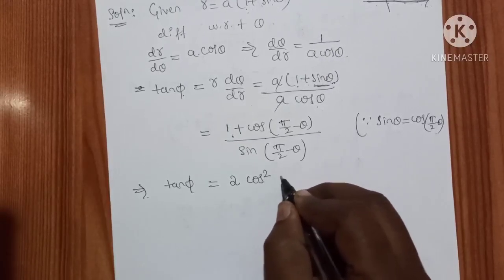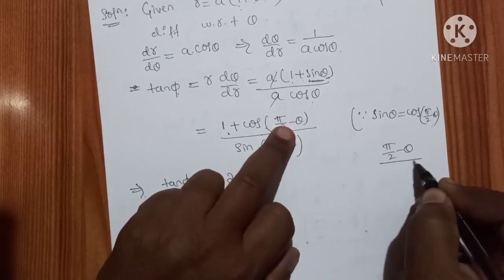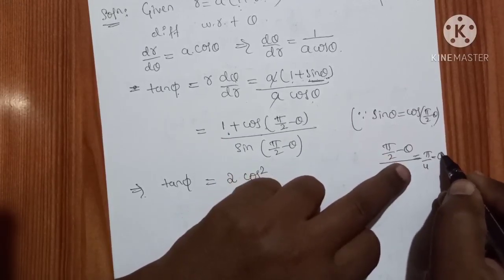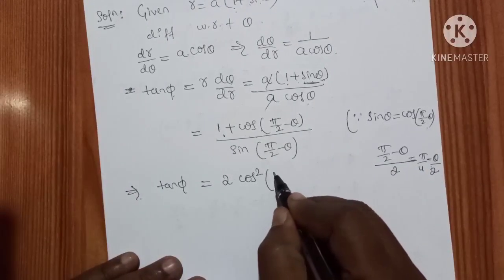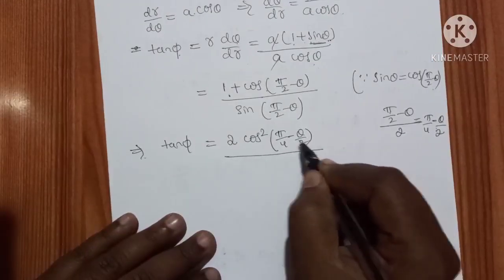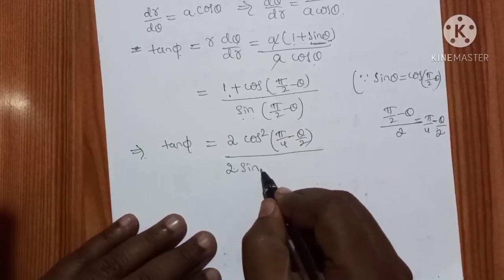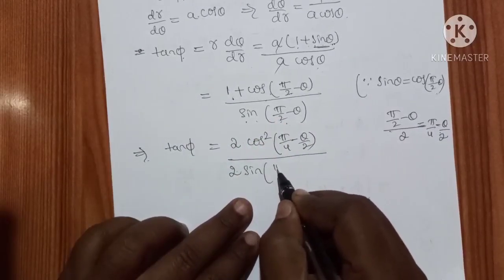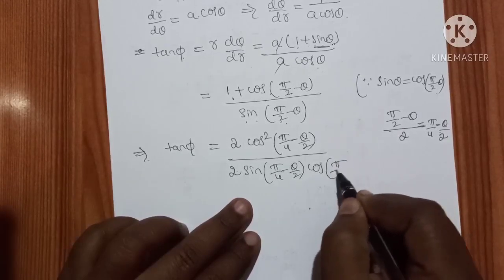In the place of theta we have pi by 2 minus theta, whole divided by 2, which is pi by 4 minus theta by 2. Therefore this angle can be written as pi by 4 minus theta by 2. The denominator is also the same: sin theta can be written as 2 sin theta by 2, so simplifying we get pi by 4 minus theta by 2.